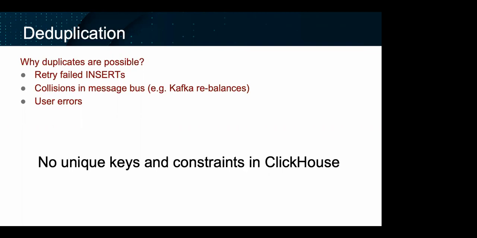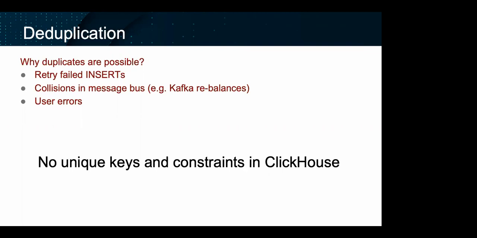Another possible reason is some collision in the message bus. For example, if Kafka rebalances, especially in some older versions of ClickHouse, it was possible that the data was inserted into the Kafka table twice, and since every Kafka table processes them independently, we could get duplicates.